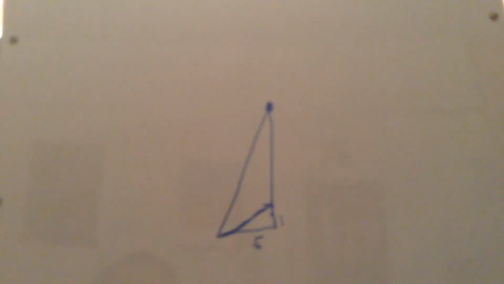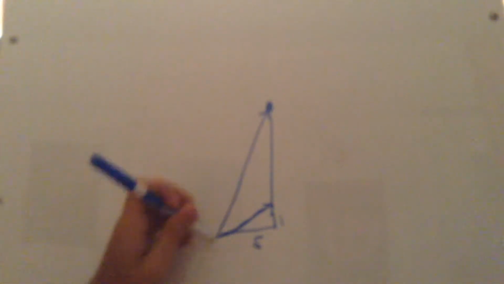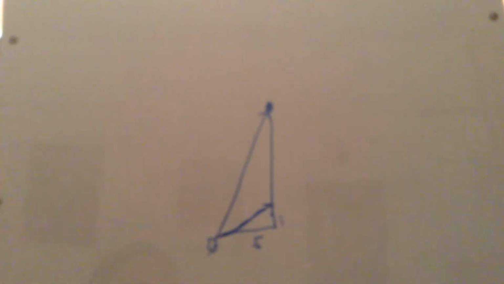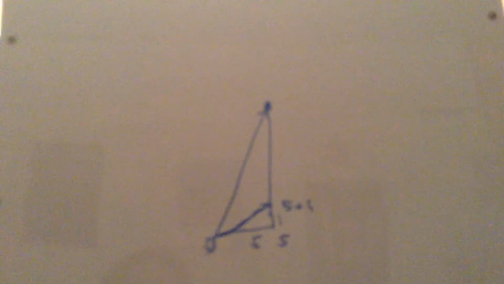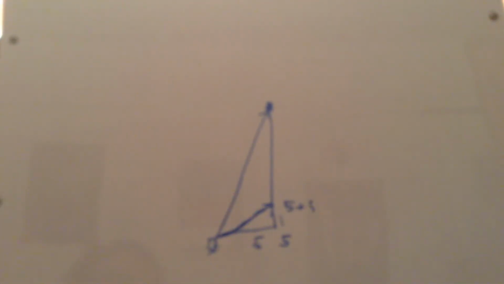I'm going to write these out as complex numbers. So this is going to be our origin 0. This is going to be 5, and this is going to be 5 plus i. So we know that the tangent of the angle is going to be the imaginary over the real.